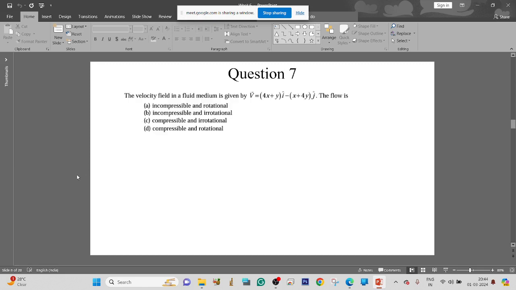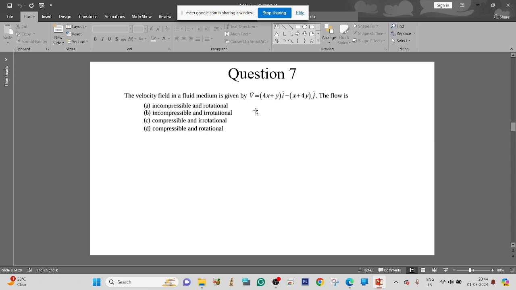Okay. So the velocity field in a fluid medium is given as this vector, and the flow is incompressible rotational, or incompressible irrotational, or what? For compressibility, we'll use del u del x plus del v del y, right?